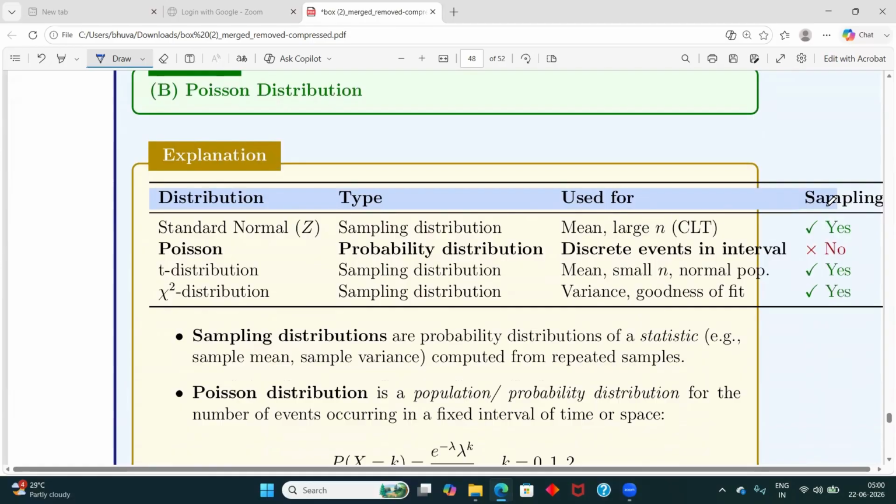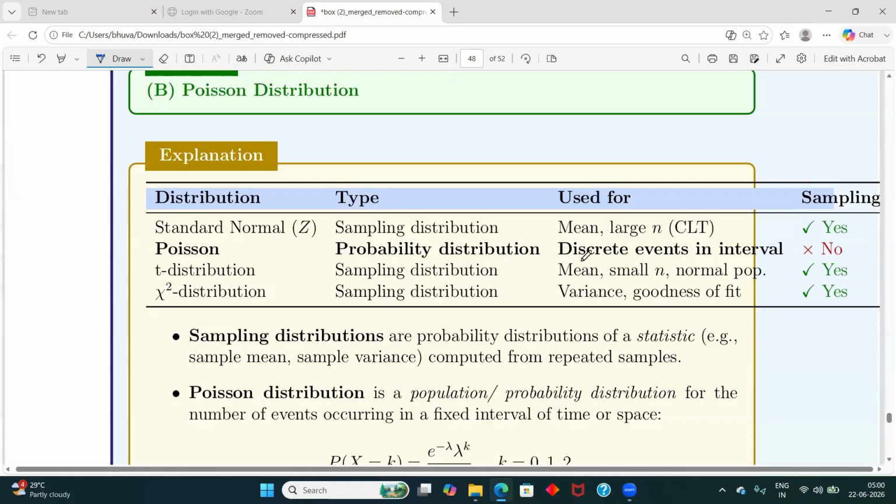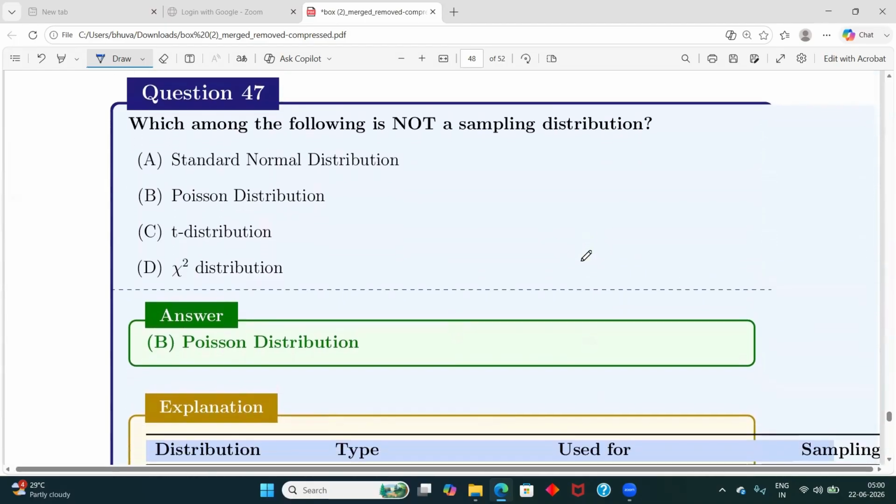Sampling is yes. Poisson distribution is a probability distribution for discrete events in an interval. Sampling is no. The t distribution is a sampling distribution used for the mean with unknown variance and a normal population. Sampling is yes. The chi-square distribution is a sampling distribution used for variance and goodness of fit. Sampling is yes. So the correct option is B.